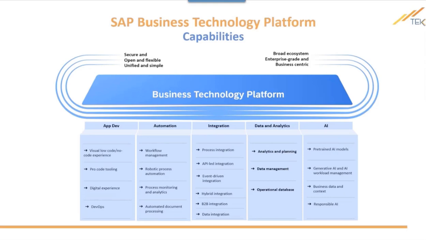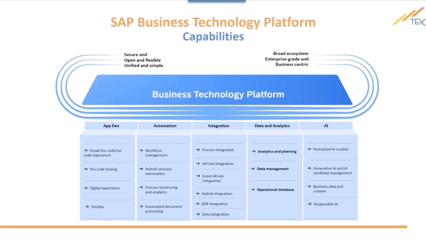Now, going one step down. What are the capabilities within the Business Technology Platform? Like I was saying, right from application development all the way to bleeding edge AI and ML use cases, it provides tools and services to run every single use case.